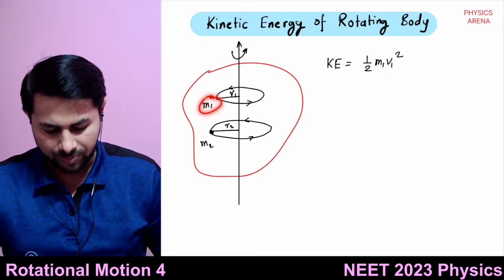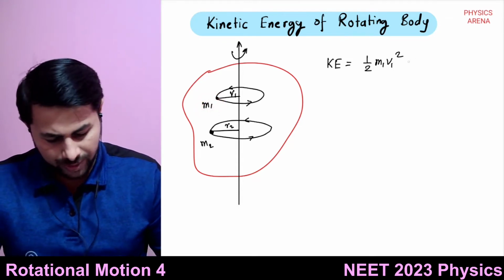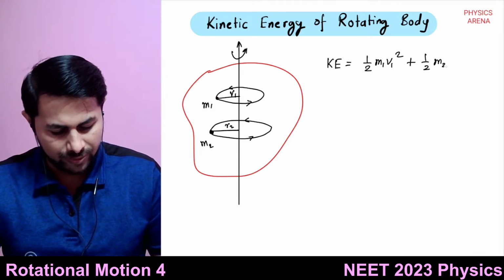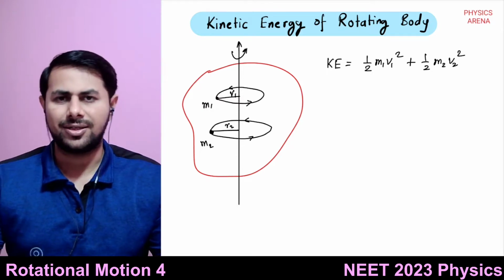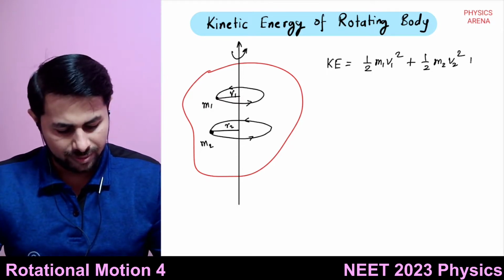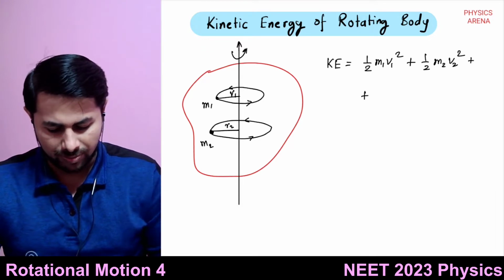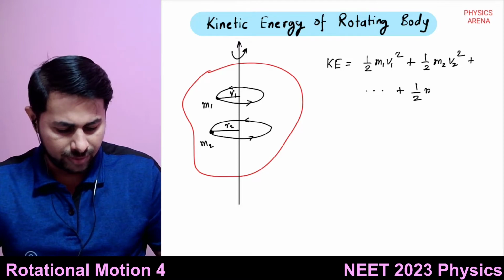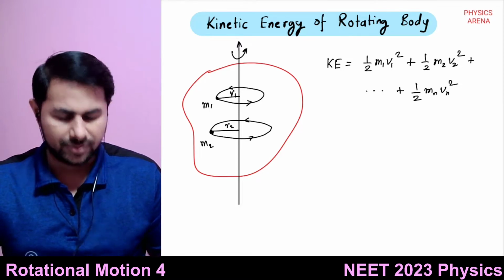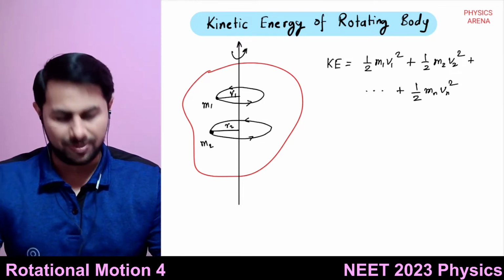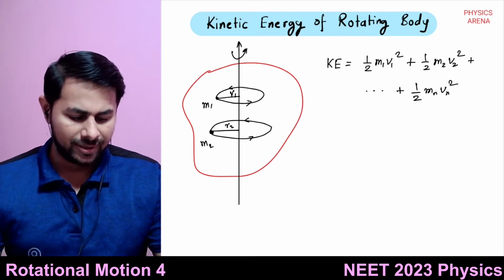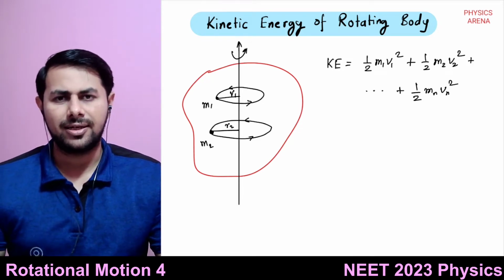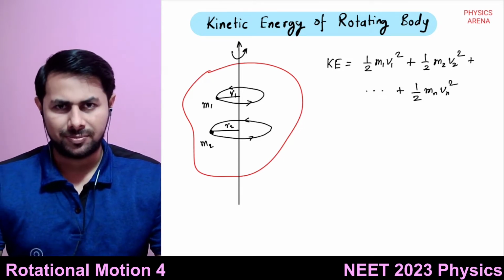This is kinetic energy of the first particle, plus half of m2 v2 square, the kinetic energy of the second particle, plus so on and so forth up to plus half of mn vn square, the kinetic energy of the nth particle. If I add these kinetic energies, then I get kinetic energy of the body.